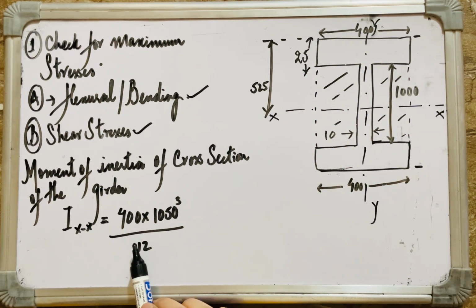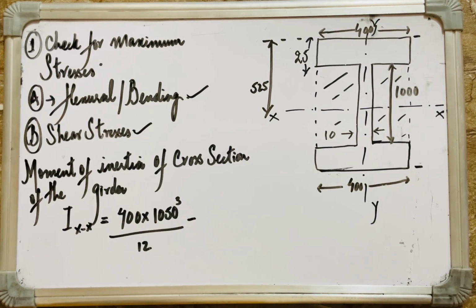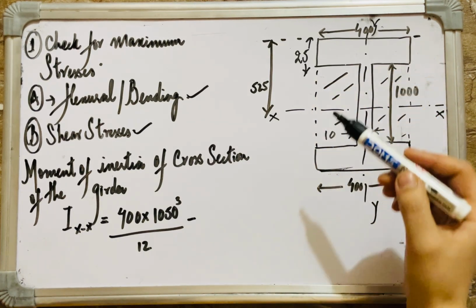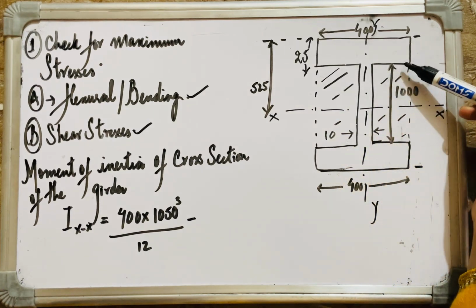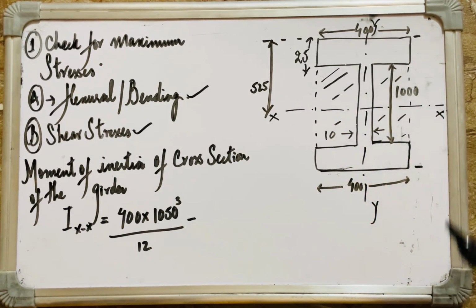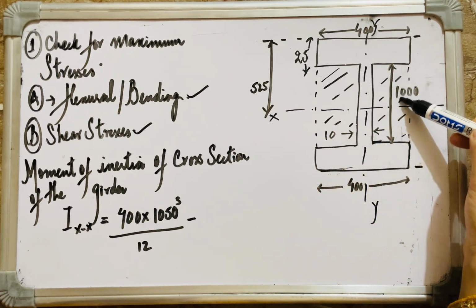It is given by bh cubed by 12. But from this, to calculate the actual moment of inertia of my I section, I have to subtract which area? This area, hatched area. This and this. Now let's see what is the moment of inertia of this hatched area. I'm unable to show complete hatching over here.